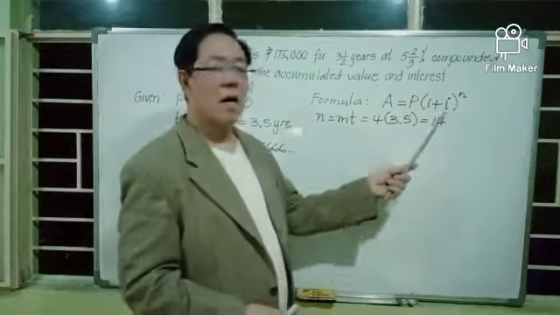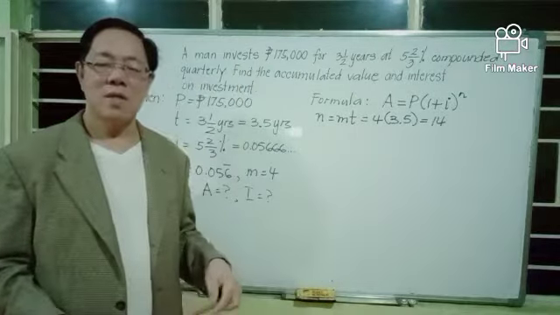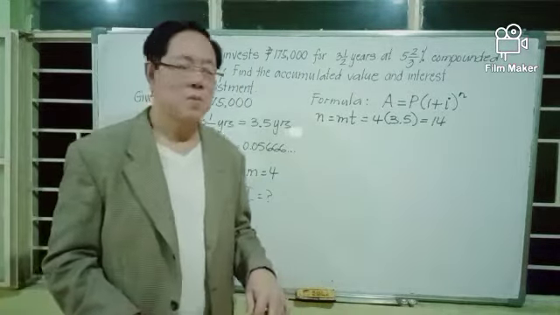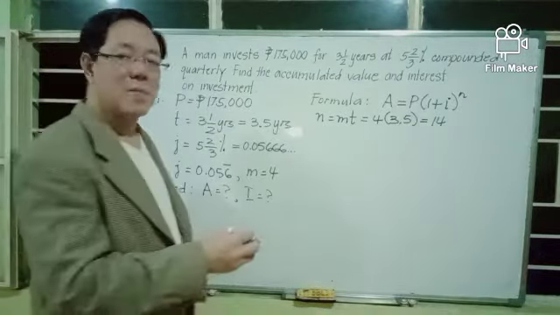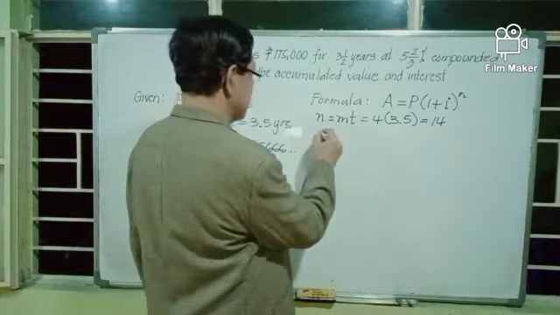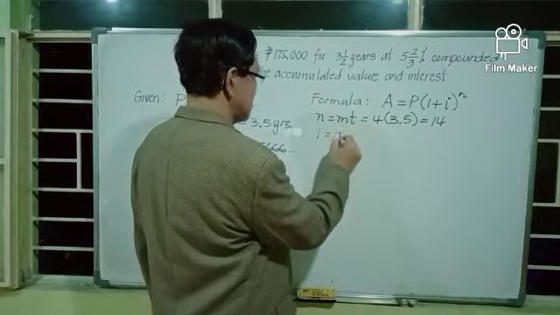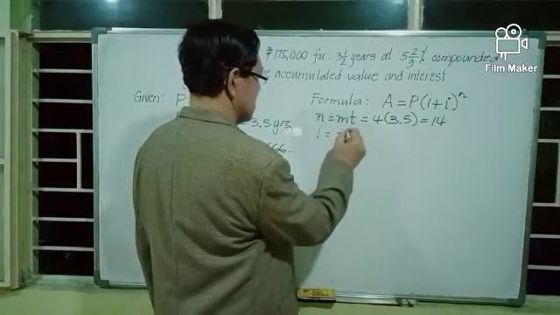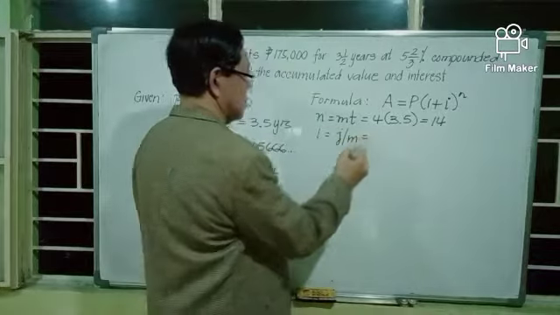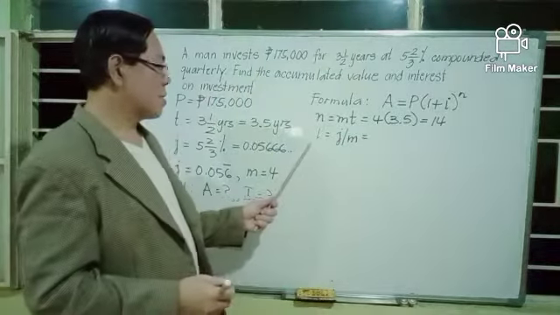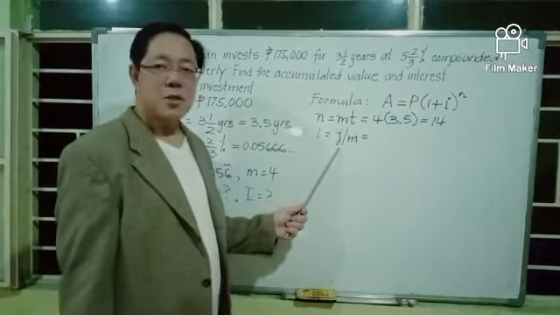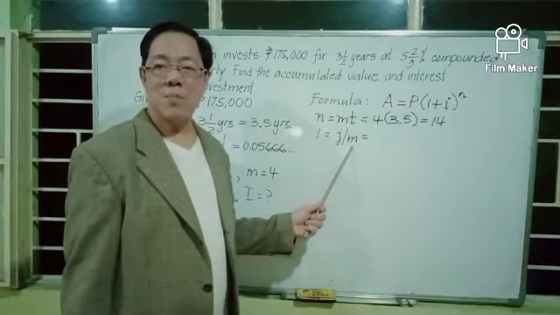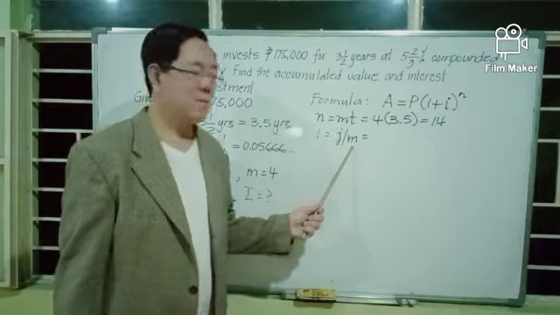Now, small letter i is the interest rate per conversion period, and i is given by the following formula. The interest rate per conversion period is the compound interest rate per year, j, divided by the number of conversion periods per year.